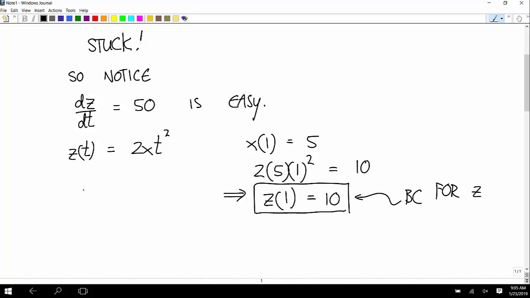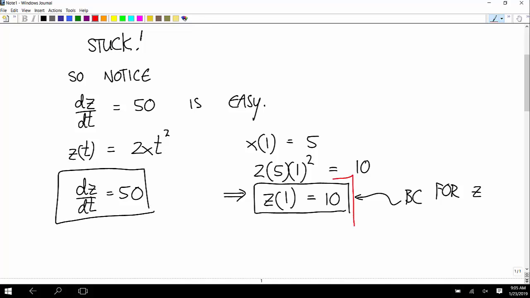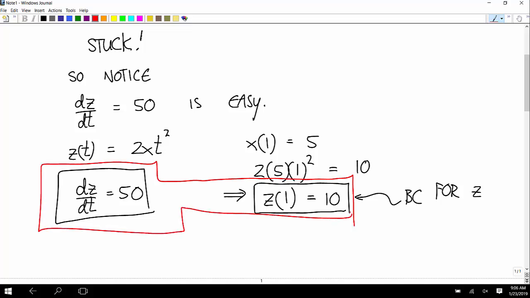Well, I'll rewrite it. So dz/dt is equal to 50. And this is our new differential equation. And then once we figure out z of t, then we just have to do the algebra to re-express it as x.